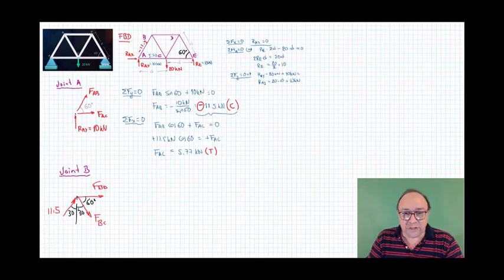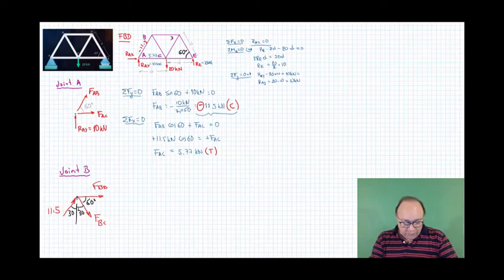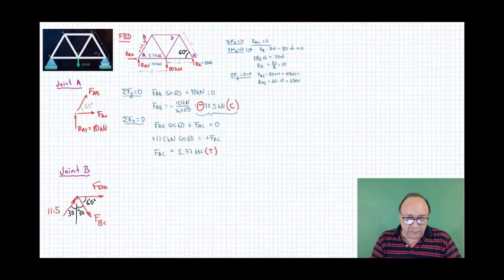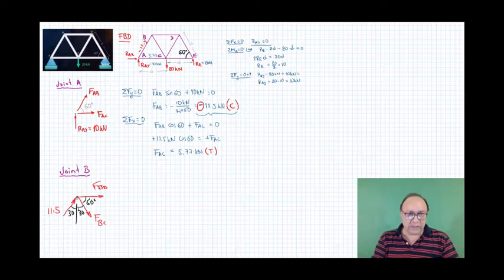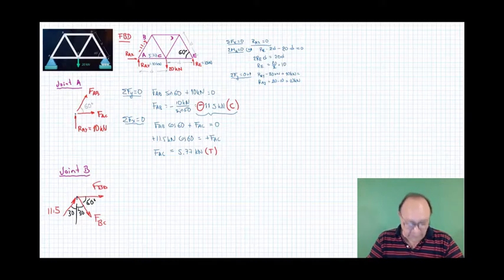Now, summation of forces in the x direction and in the y direction. What would be more convenient? Usually it's more convenient to set up first the equations that can give you the solution for one unknown at a time. In this case will be the summation of forces in the y direction, because only the force BC has component in the y direction.